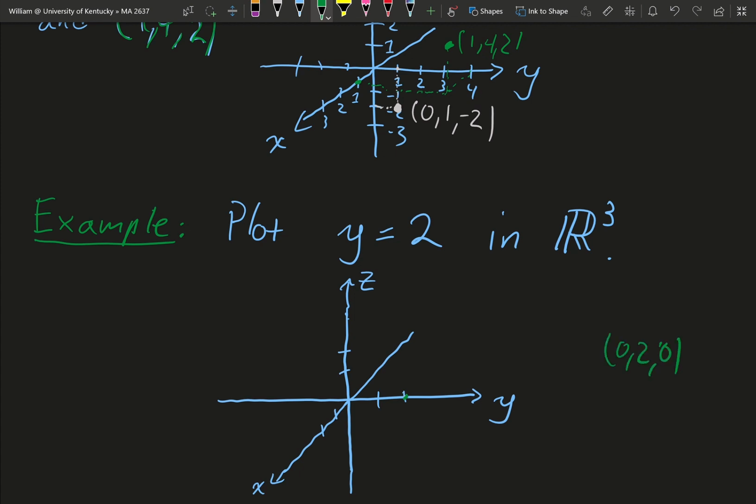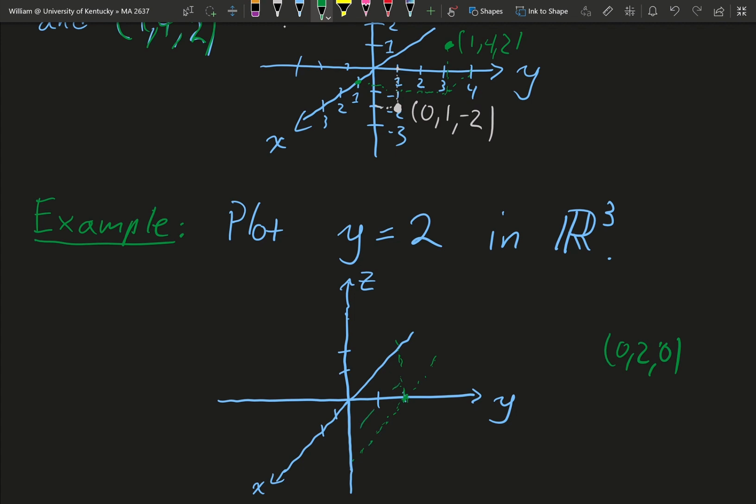Not necessarily super important to get that, but if I move out in the x direction, I'm also going to get a bunch of other points on this same plane. Same thing if I move up in the z direction. The one direction I'm not allowed to move is the y direction, so I'm not allowed to move left or right. I'm only allowed to move up, down, forward, or back.